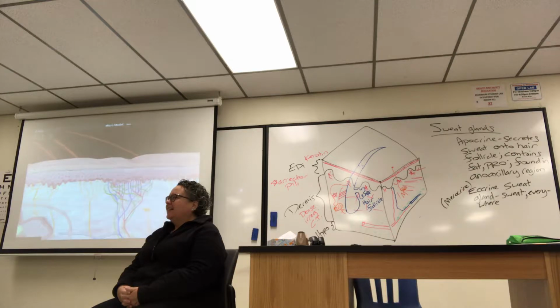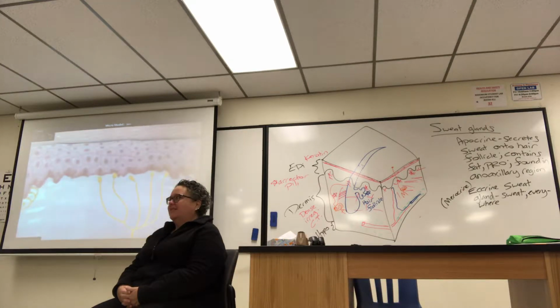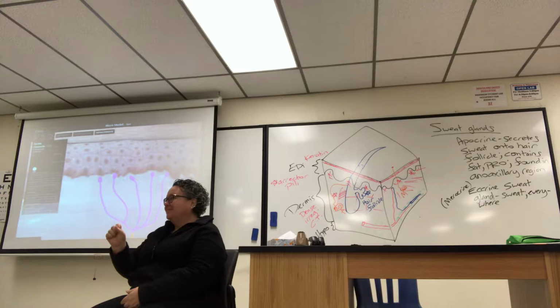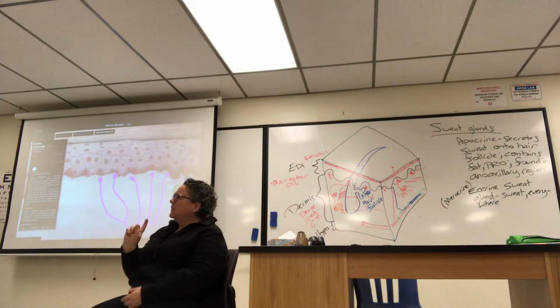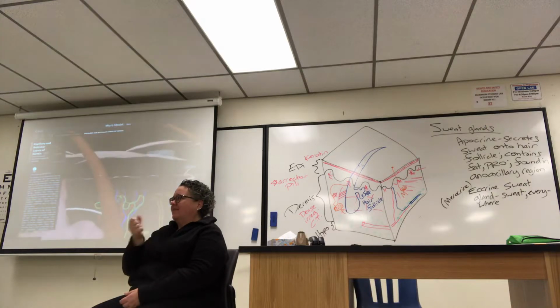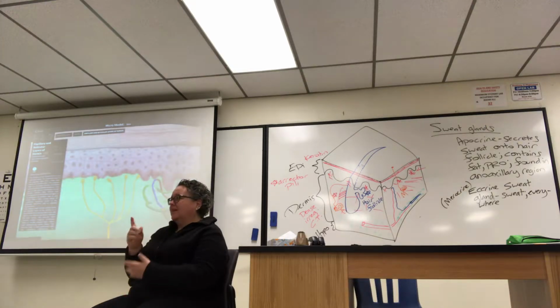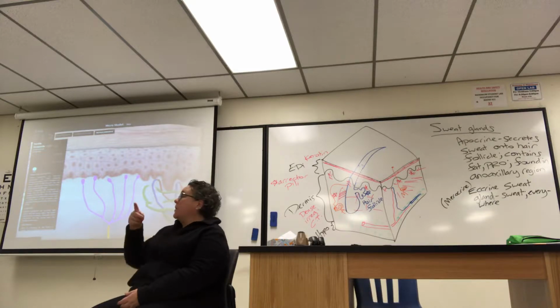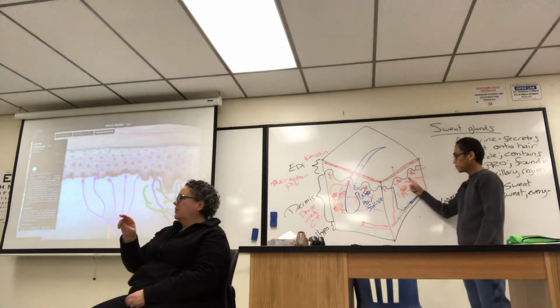These are pretty good. It's tactile corpuscles. Let me see how much detail they show you. I don't know. I can't get that close. So what I've highlighted in purple are called tactile corpuscles. They're nerve endings that go right up to the epidermis.